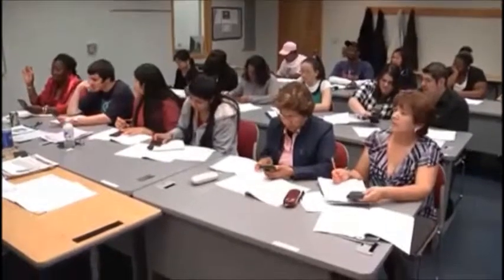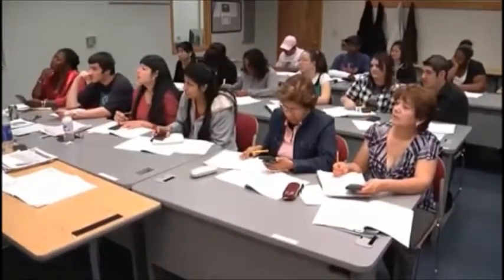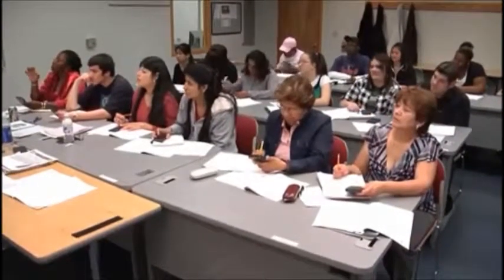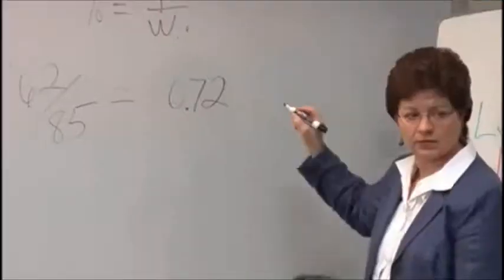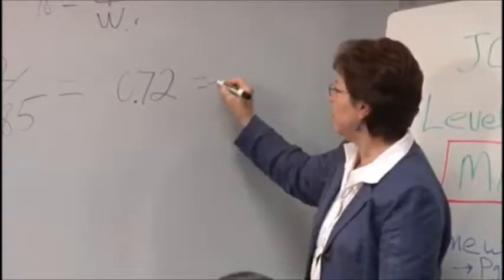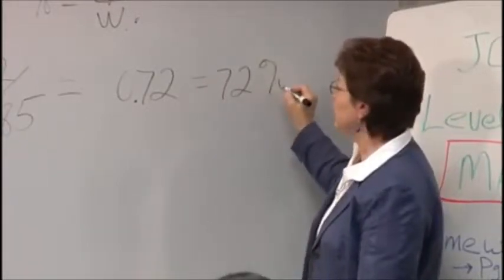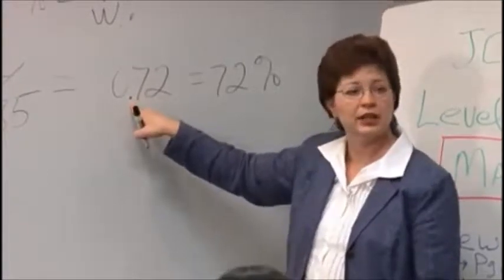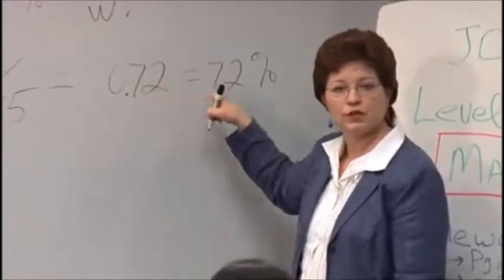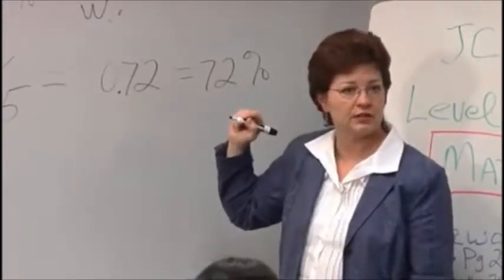Binta: 0.72. Where's the decimal point? 0 point, like that? Yeah. And turn it into a percent. 72%. Right. So remember, whether you divide it on your calculator or on paper, you're going to get a decimal answer. You have to move it over 2 places to turn it into the percent.